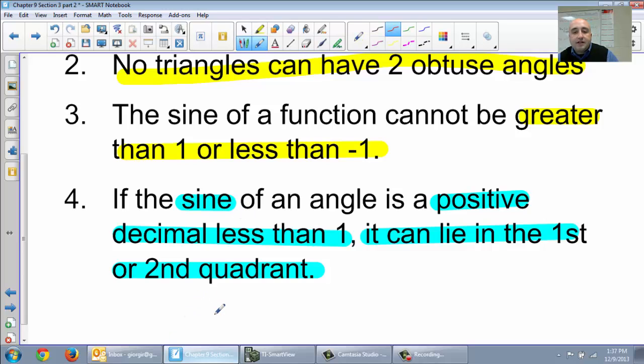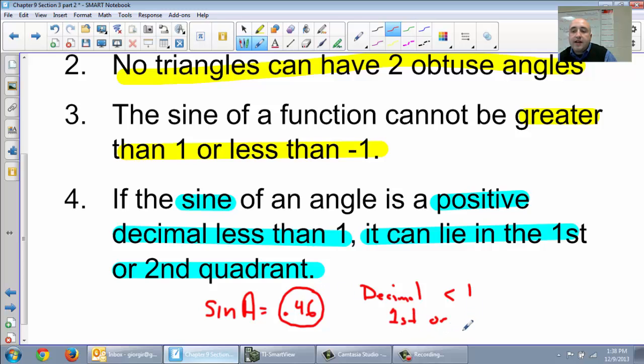If you get something like this, where the sine of your angle, let's say A, is 0.46, so this number after the sine is a decimal less than 1, then your angle can be in the first or second quadrant. We'll discuss more about this in the actual example that we're going to see in a second.